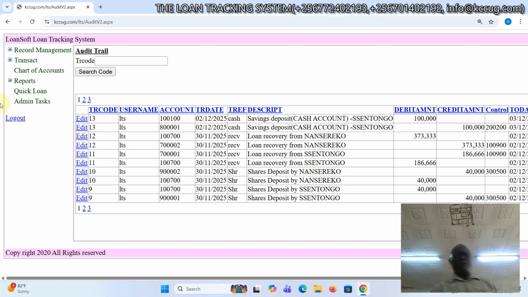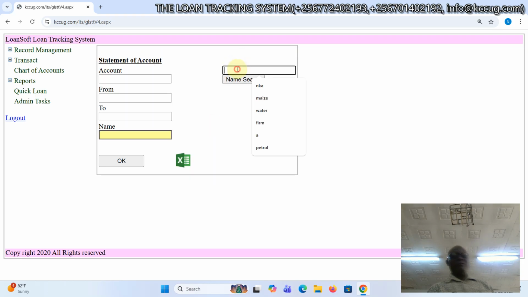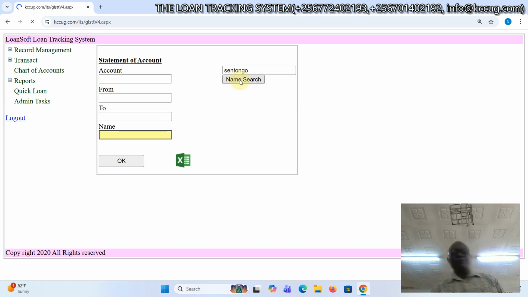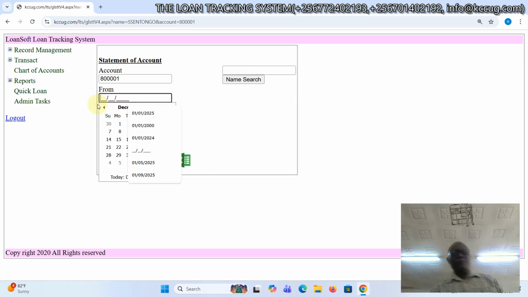If you print the statement of account for Sentongo, click on statement of account, Sentongo, savings, from 1st of November 2025.